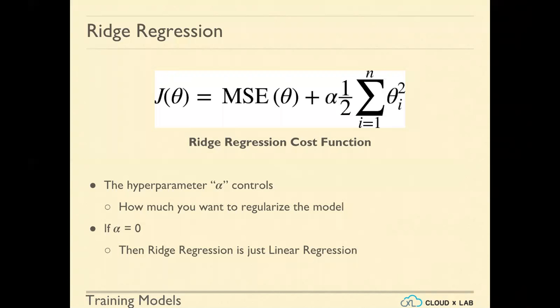So Kamal's point is that if none of them become zero, then it is not of that much help. Correct, correct. That's why the tendency is to have this regularization term and tweak the alpha accordingly.